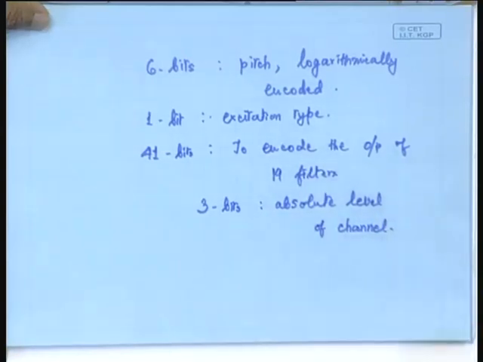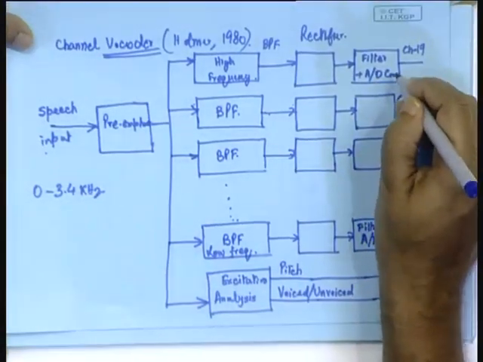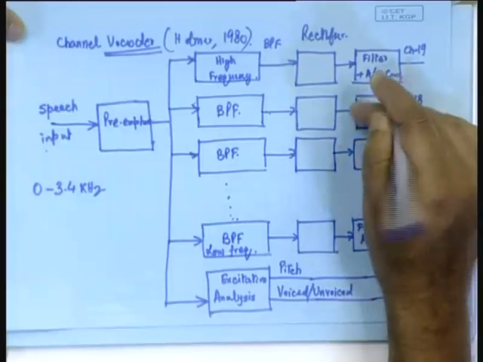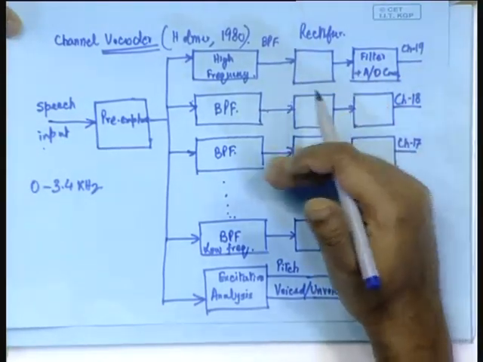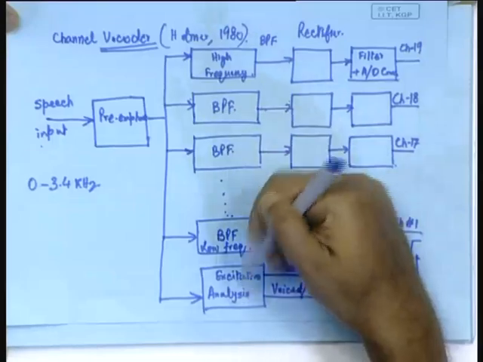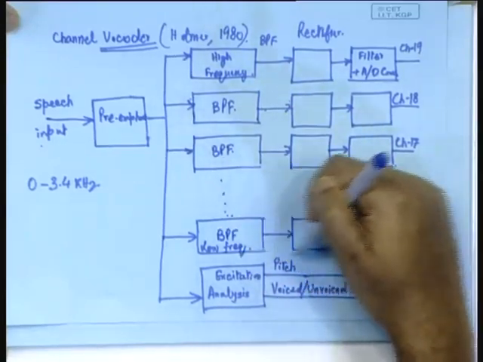Absolute level of what? Absolute level of the rectified and digitized signal. That is to say, it essentially represents the amplitude of the signal component that is present for the lowest frequency band.